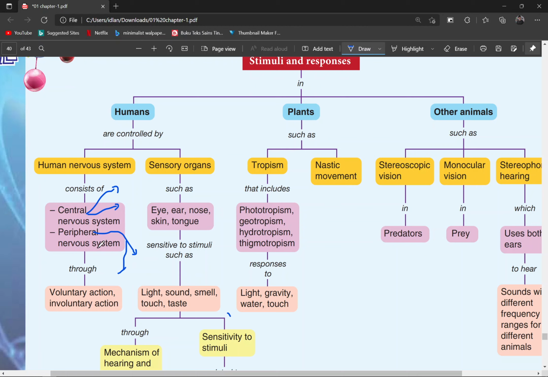Voluntary tu yang kita boleh kawal with conscious control. Kalau involuntary action tu cannot be controlled under one's will, without prior thoughts. Boleh tengok kat buku teks. Lepas tu sensory organs: eye, ear, nose, skin and tongue.